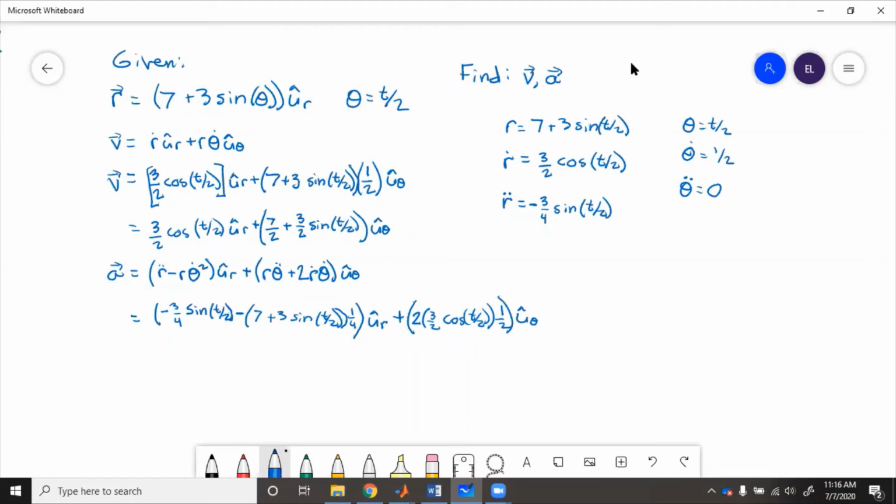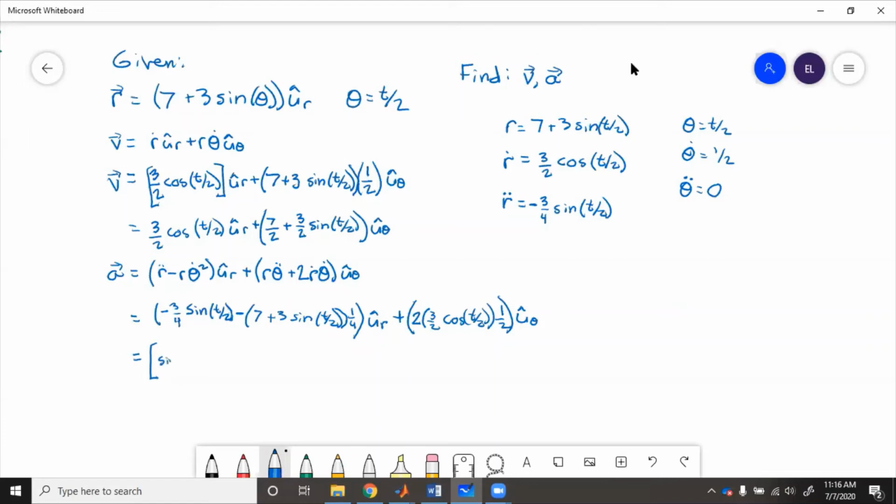Now this is kind of long and junky looking, so we'll simplify it a little bit. So what do we have that's times sine of t over 2?